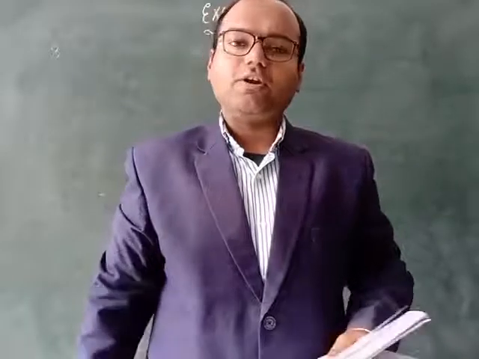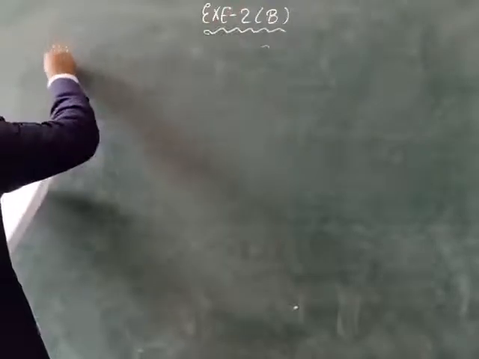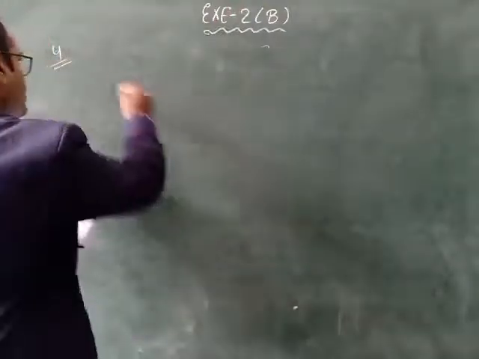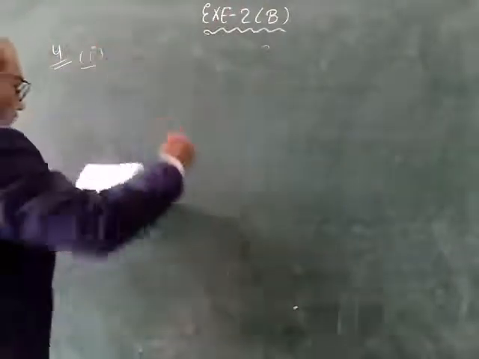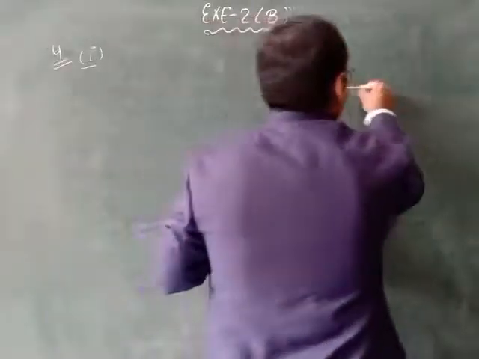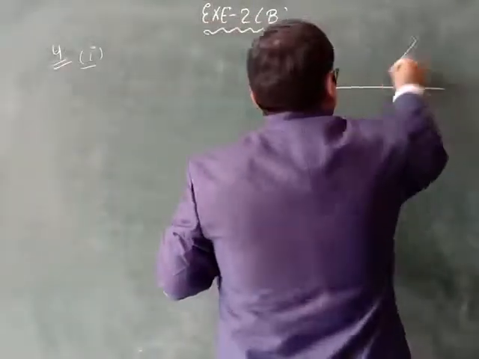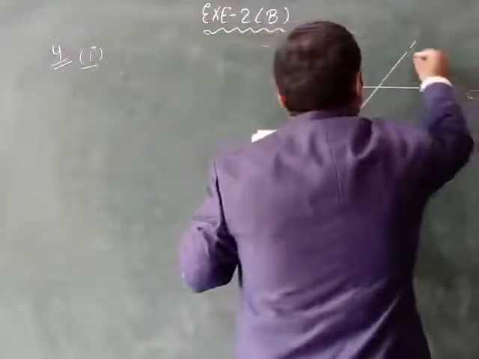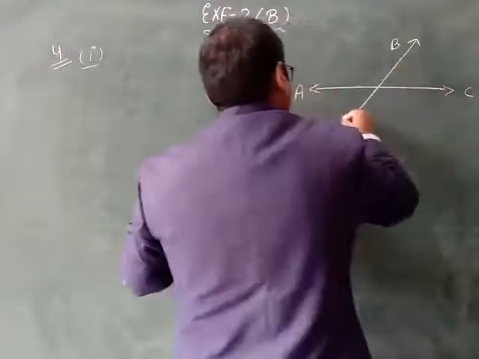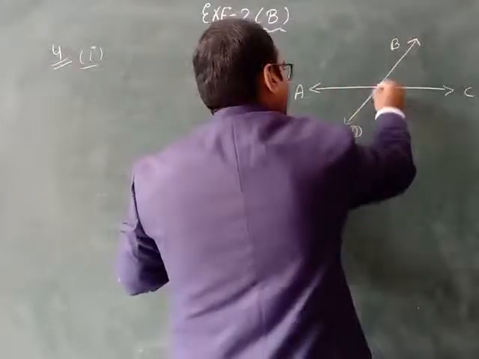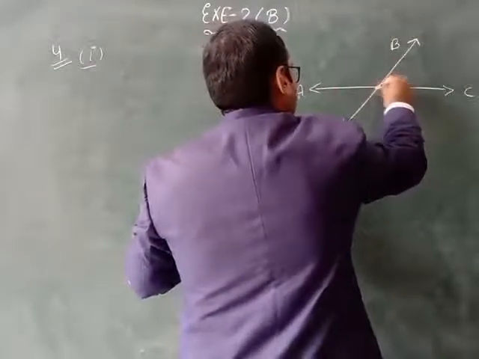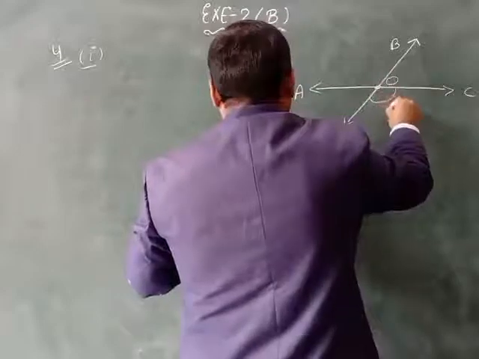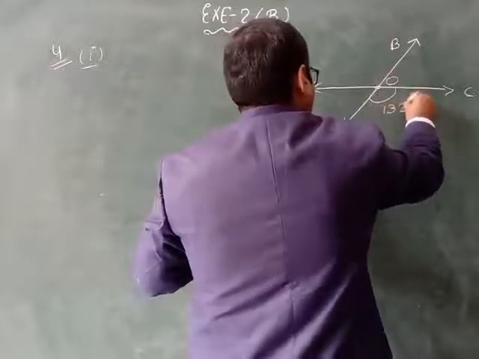Now all of you see question number 4th. Question number 4th, first part. Figure is given. A, C, B, D, here it is O, and this angle is given 132 degree.